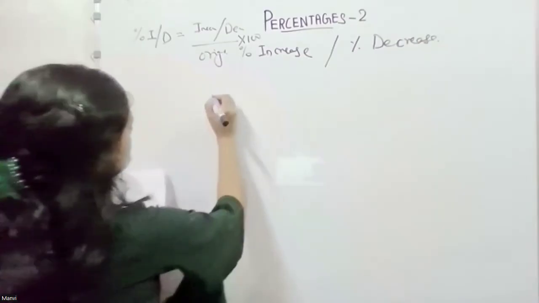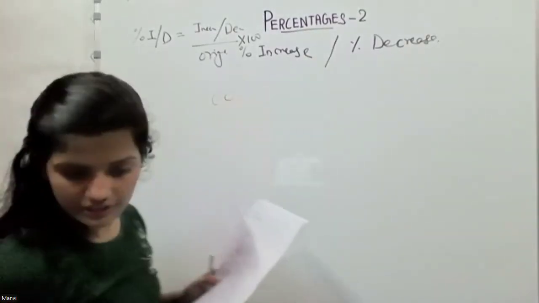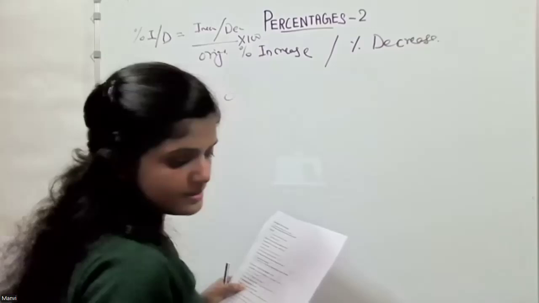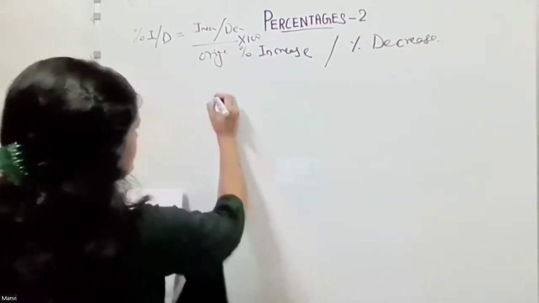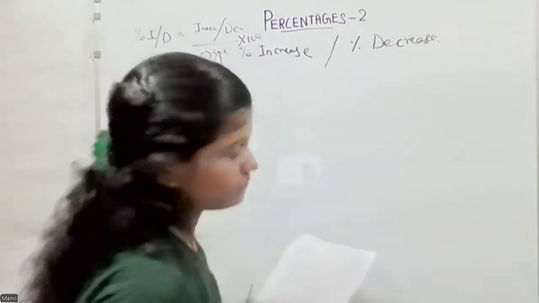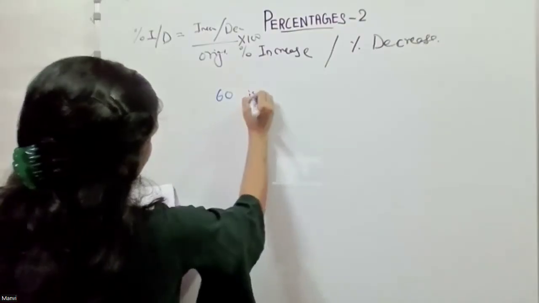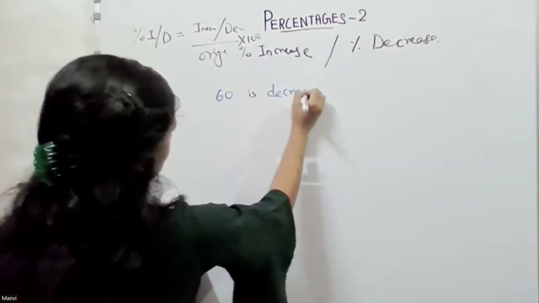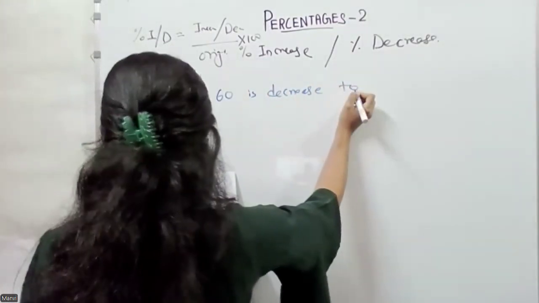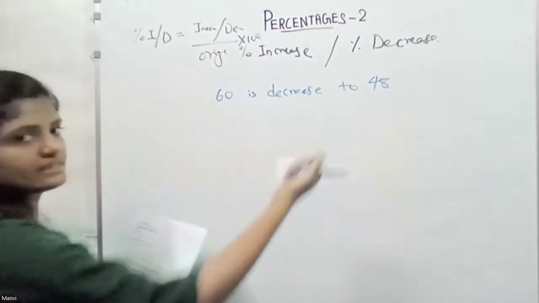So if 60 pounds is decreased to 48. If this amount 60 is decreased to 48, what percentage did it decrease?